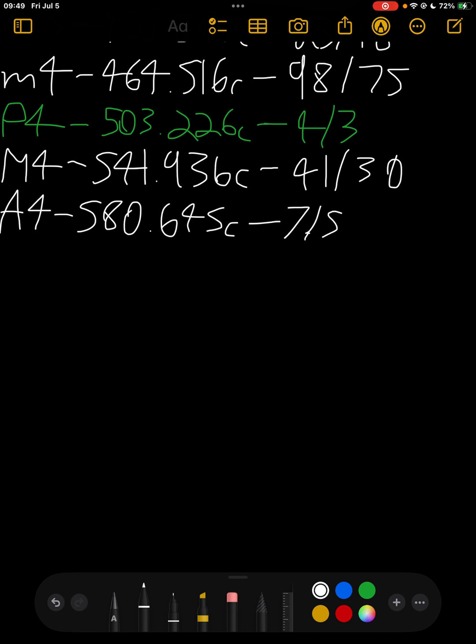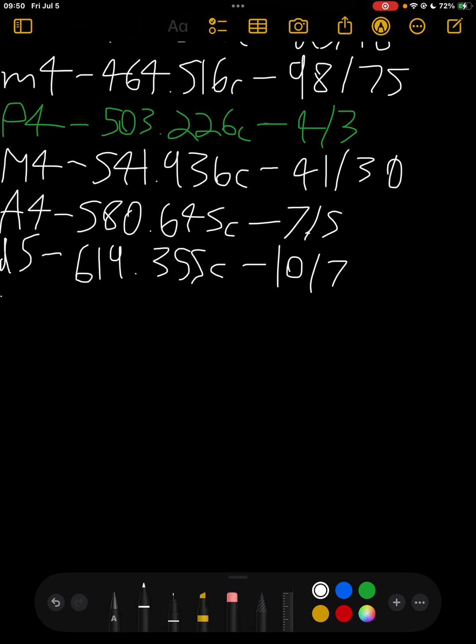Well, not very nice, after all, 7 to 5 is a tritone, but I mean, it's not a real tritone, and that's still not nice. Next up, we follow pretty much the same scheme, with the diminished fifth being 619.355 cents, and a 10 to 7 ratio.